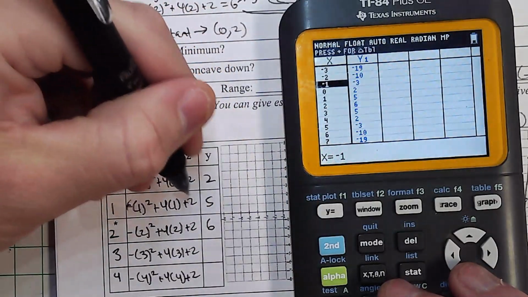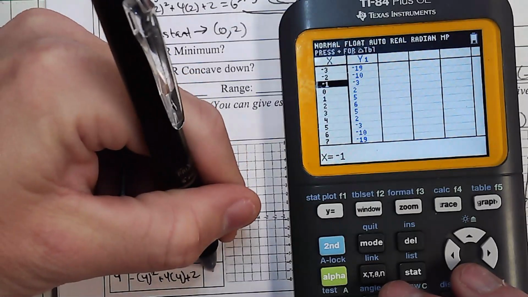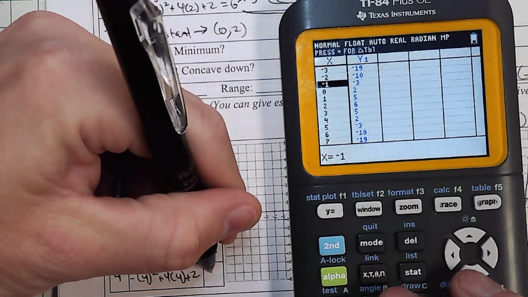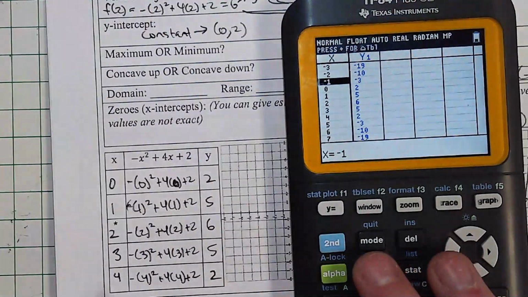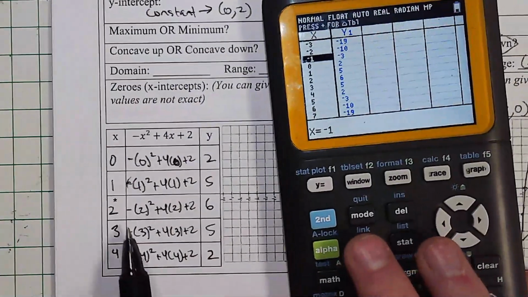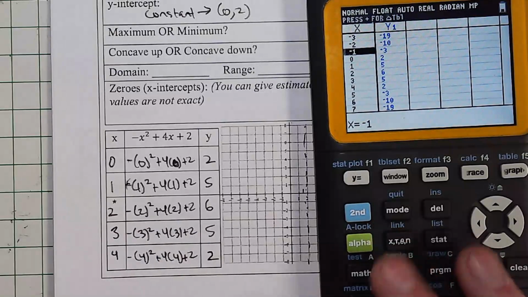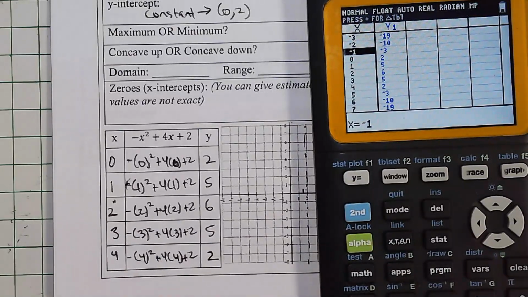If x is 2, y is 6. 3 is 5. So that's second graph after you press y equals. You could type all those out and do it that way too, but I'm just trying to show you an easier way. Okay. 0, 2, 4, -3, -4. All right.